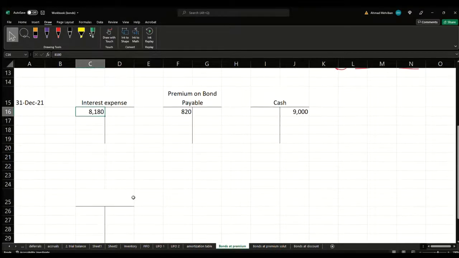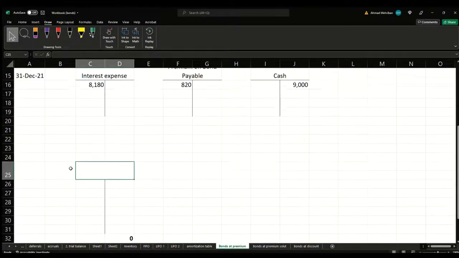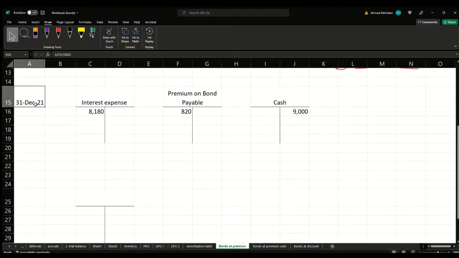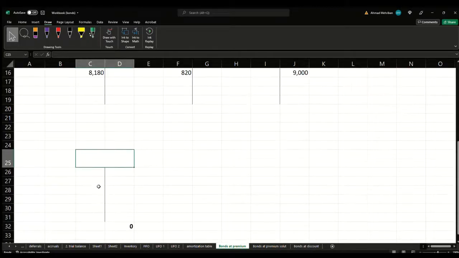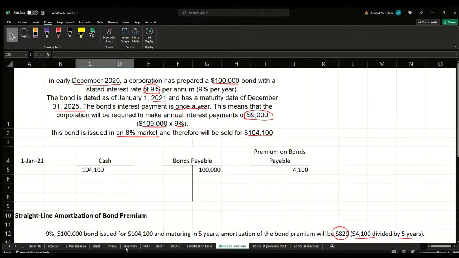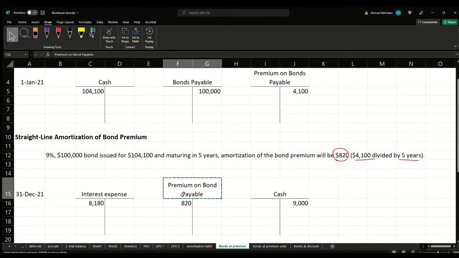Now, let me just break it down. We're going to have a similar entry at December 31, 2022, 2023, 24, and 25 until the end.